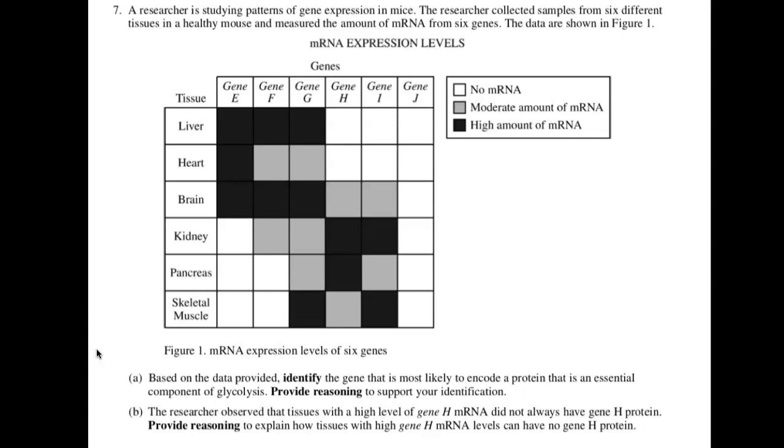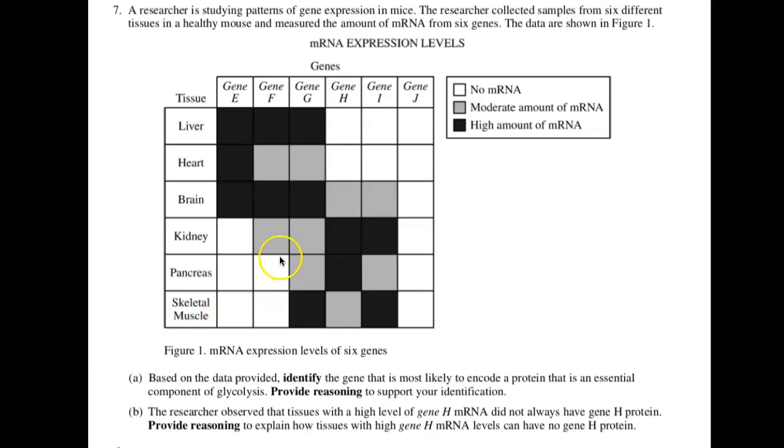What I would hope that you would do in this question is think, all right, how am I supposed to know that? And then I would hope that you would default to, well, I know glycolysis is important for the production of ATP. I would assume that all tissues require the production of ATP. Otherwise, they just wouldn't really function at all.